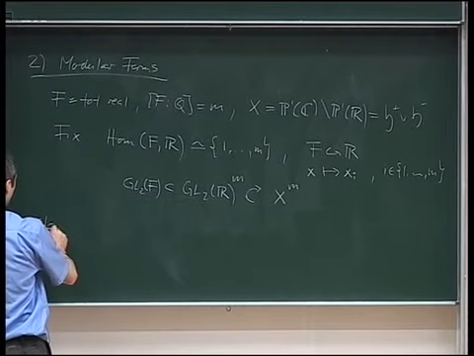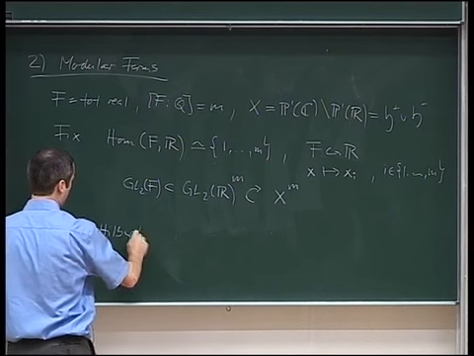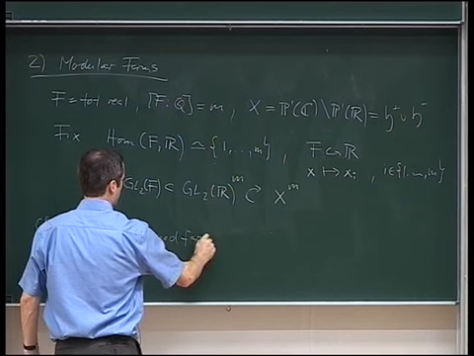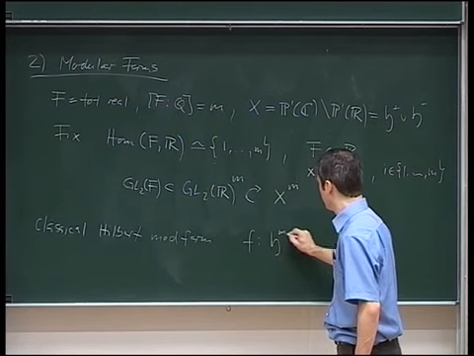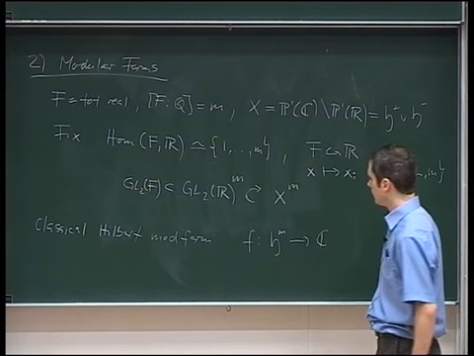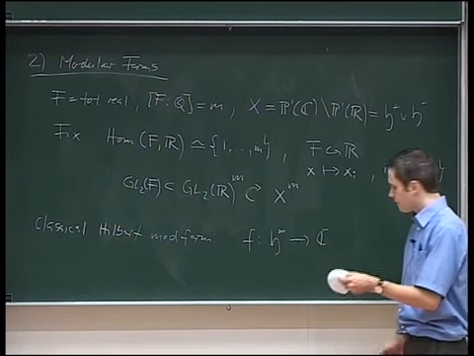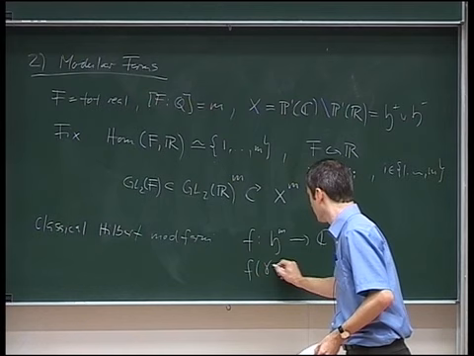And a classical Hilbert modular form is now certain functions, holomorphic functions on m copies of the upper half plane, satisfying functional equations of the following form.